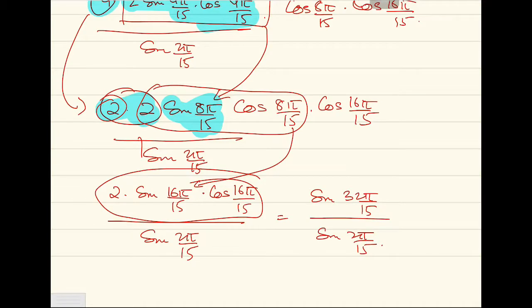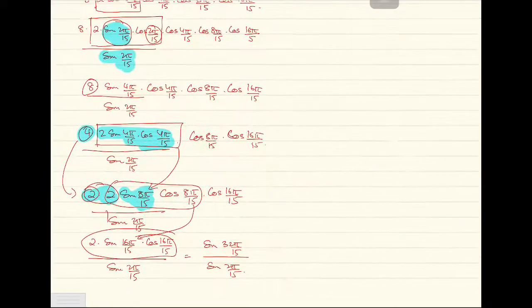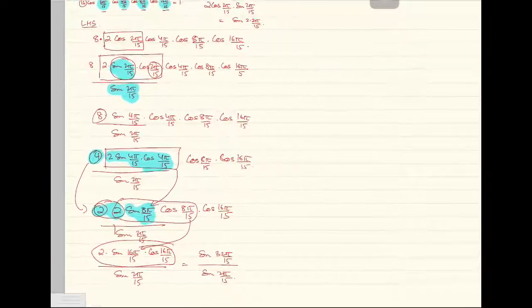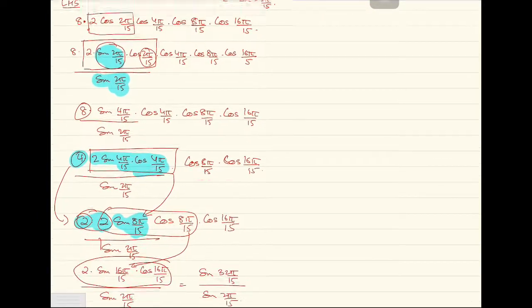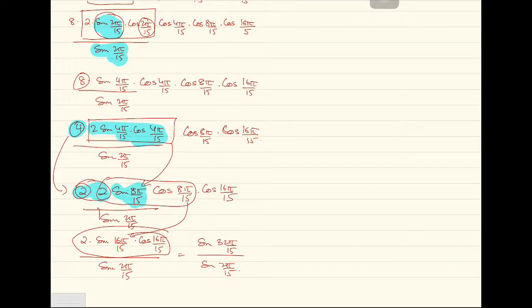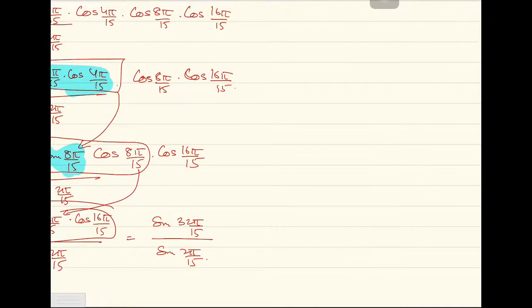So that's how we minimize all this product on the left hand side to a very simple product now, sine 32 pi by 15 divided by sine 2 pi by 15, correct? Now 32 pi by 15 is quite a big angle. What can I do? I can reduce it to a smaller angle.